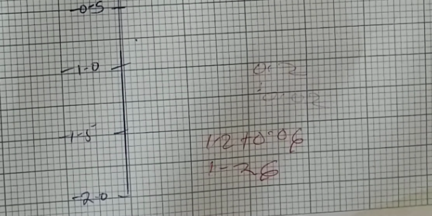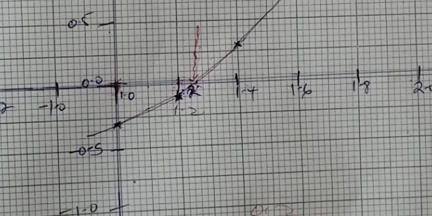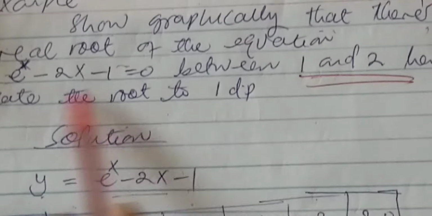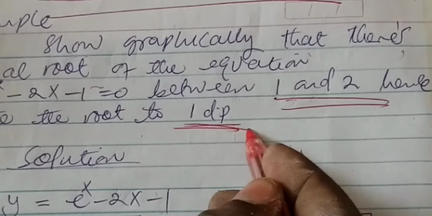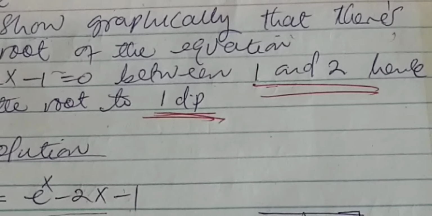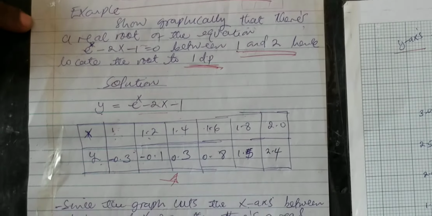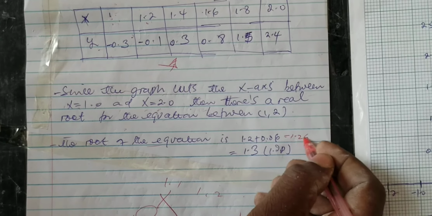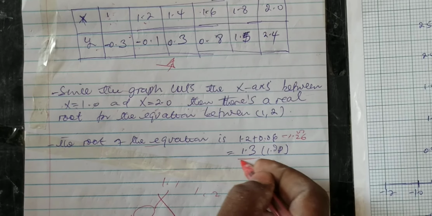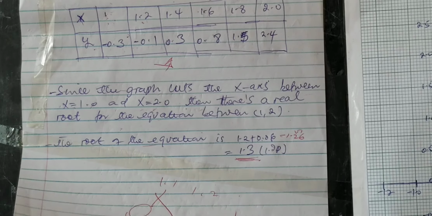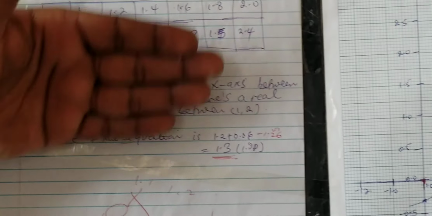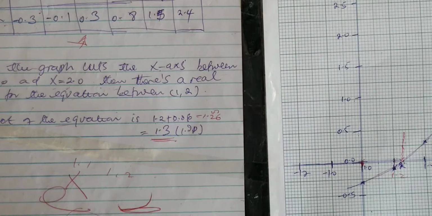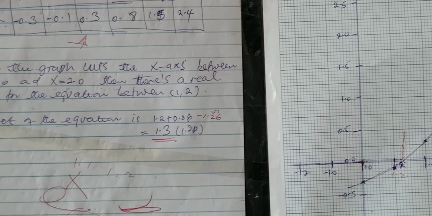But when you go back to the question, they say, hence locate the root to 1 decimal place. So the root of the equation is 1.2 plus 0.06, which is 1.26, but we round it off and we say it is 1.3 to 1 decimal place. So this is how you locate the interval and the root of the equation using a single graph method.